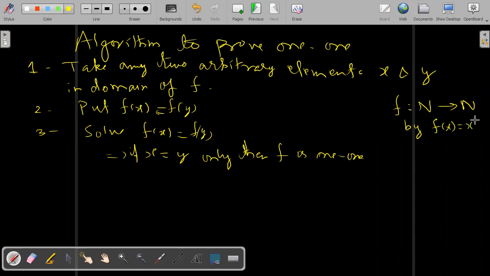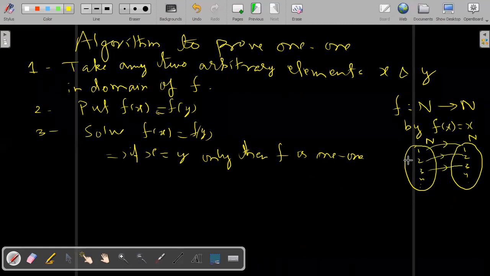In natural numbers, first you have to write that this is the set of natural numbers, with infinite numbers 1, 2, 3, 4, and so on. Here also you will have 1, 2, 3, 4. But f(x) equal to x means the image of 1 will be 1, 2 will be 2, 3 will be 3. So this you can first check.